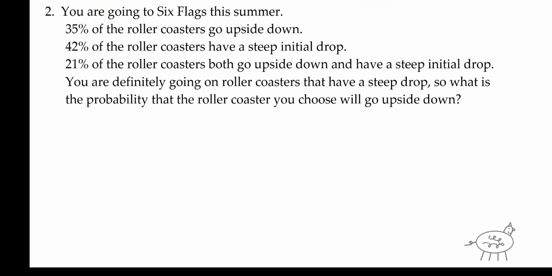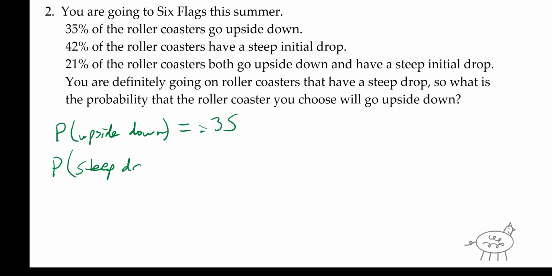So you're going to Six Flags this summer. Ooh, that's exciting. 35% of the roller coasters go upside down, so the probability of upside down is 0.35. 42% of roller coasters have a steep initial drop, so the probability of a steep drop is 0.42.